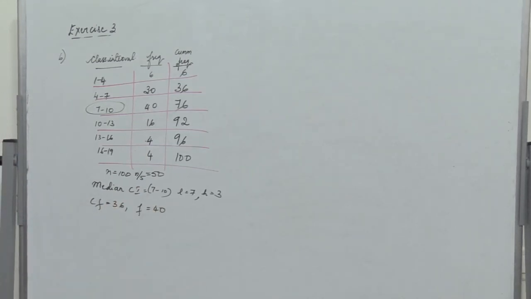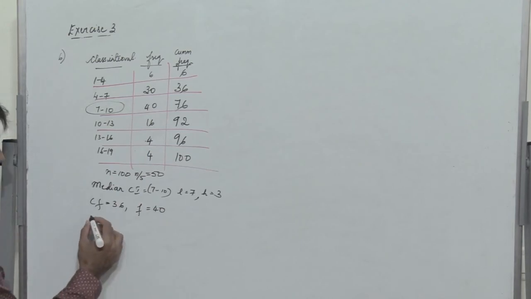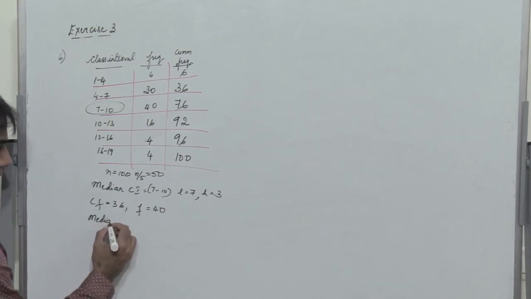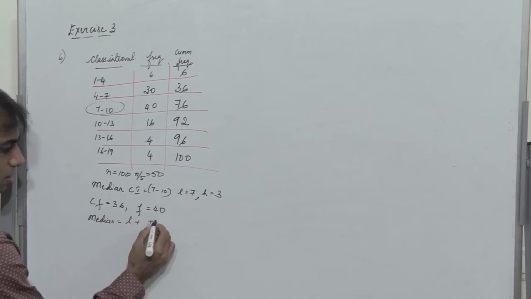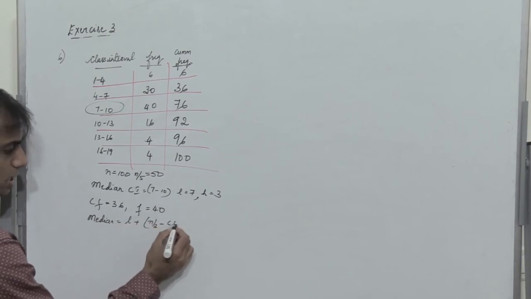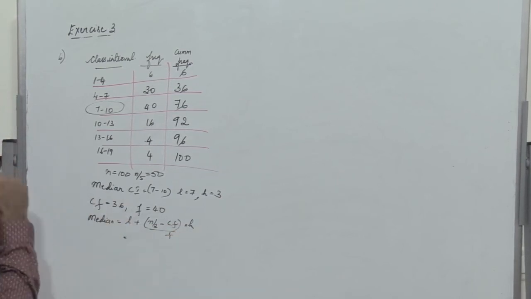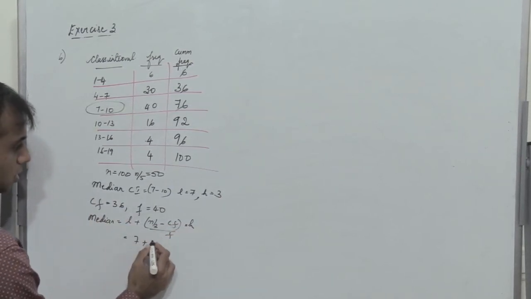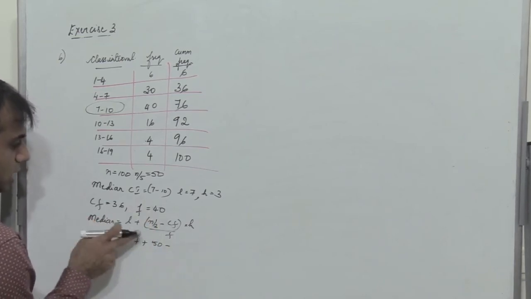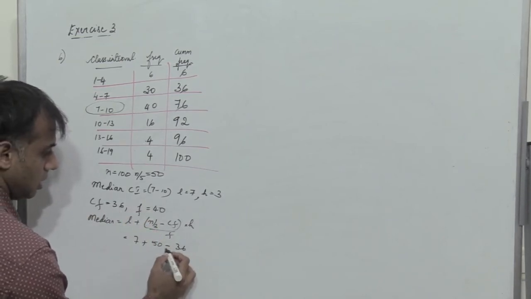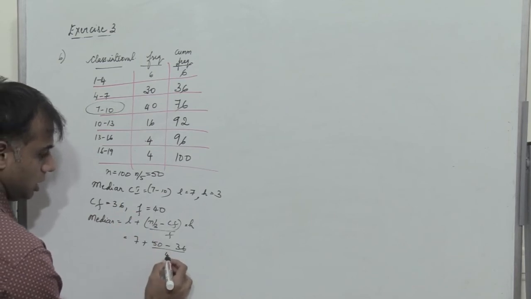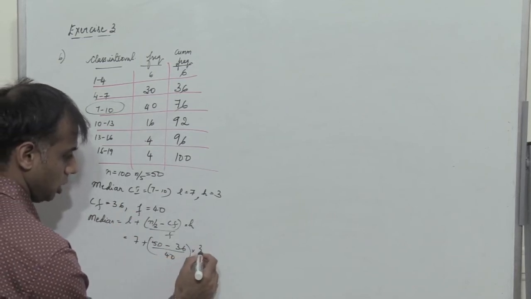So we can find the median value very easily. So the median value is L plus n by 2 minus CF divided by F into H. So L is 7 plus n by 2, 50, minus CF, 36, divided by F, 40, into H, 3.